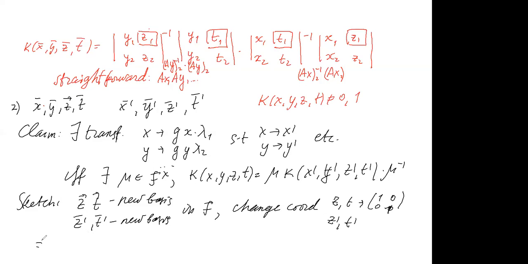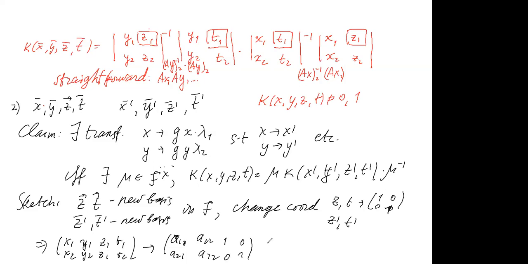We see that the matrix x1, x2, y1, y2, z1, z2, t1, t2 will go under this transformation to a1,1, a1,2, a2,1, a2,2, and here the identity 1, 0, 0, 1, and similarly for the primed.